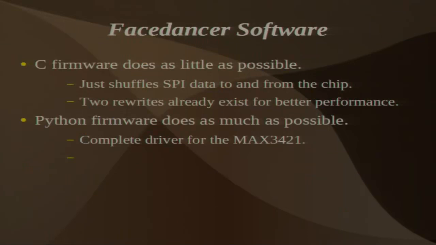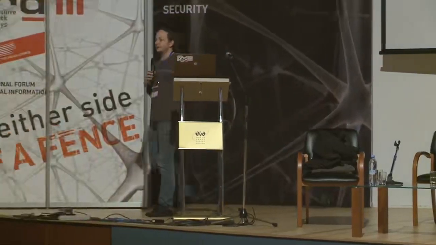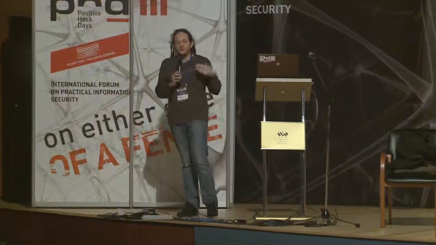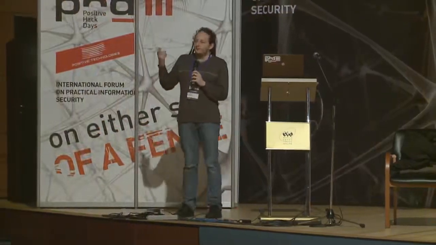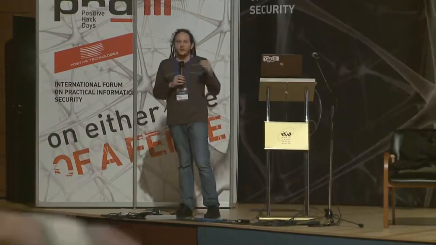Now, the software in this does as little as possible on the C end, because the purpose of the C end is just to shuffle communications between the host and the USB chip, the developer's workstation, the USB chip. In doing this, it's just exposing that chip to the host. So in order to develop for this, you take the development manual for the Maxim 3421 chip, and it will tell you to load something into a register.